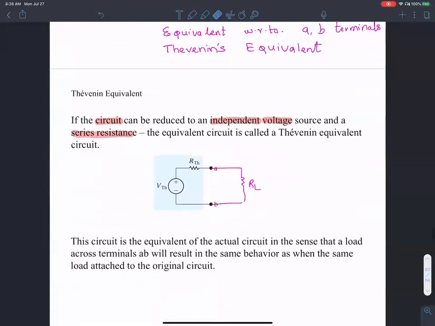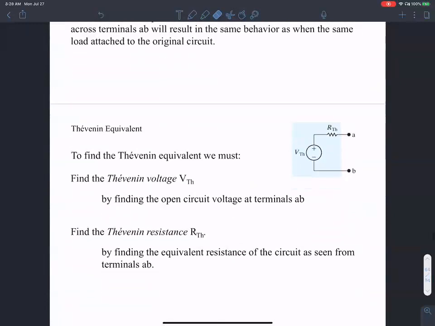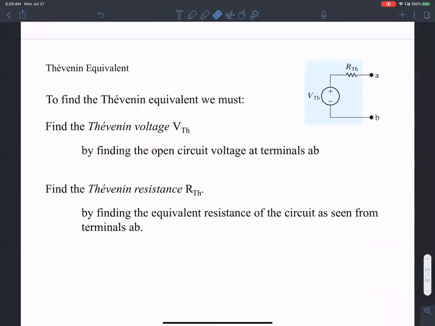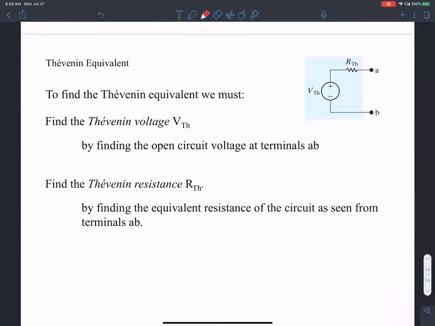So let's see how we can do that. How can we find it? The problem will almost always be given in the form of: find the Thevenin equivalent of a given circuit. There are two steps to it.